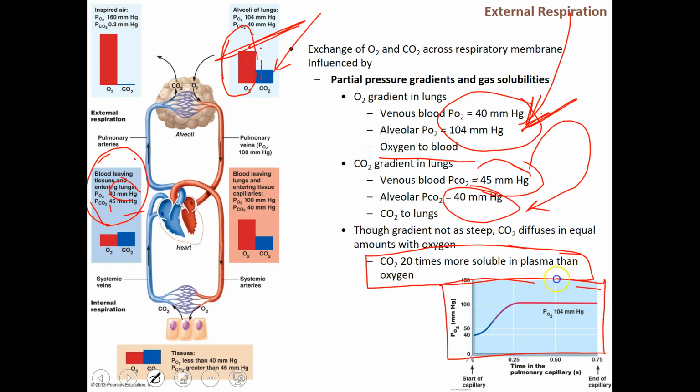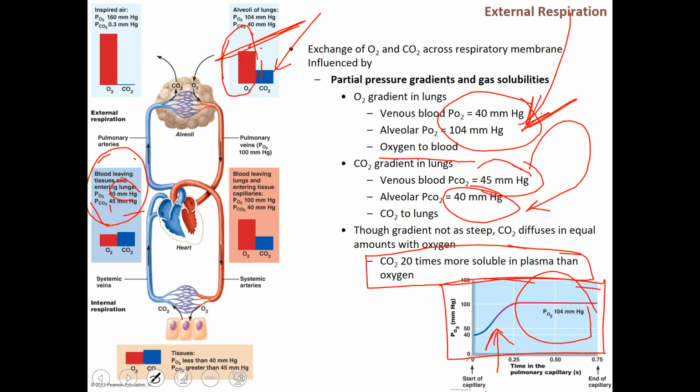This shows you how fast the gas exchange happens. You can see that normally gas exchange requires one third of the time that blood actually flows through the pulmonary capillary. It's really important because in case of exercise, when blood flow dramatically increases in terms of the speed, there is still a lot of extra time for the gas exchange.